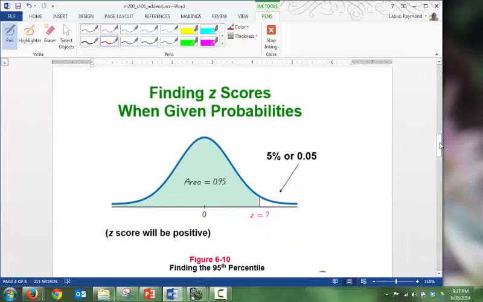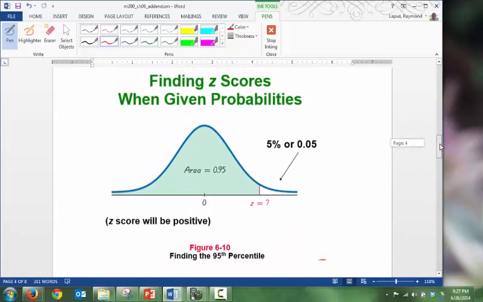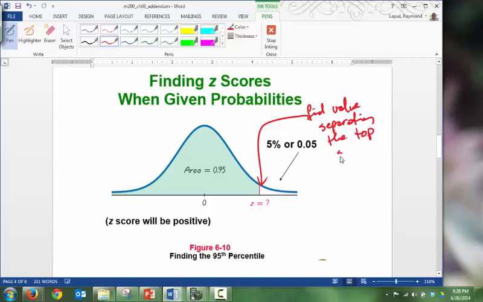Sometimes you might not be given a picture, but you're given a scenario to say, what is the value that's going to separate the top 5% from the bottom 95%? So one way to phrase this question is: find the value separating the top 5%.